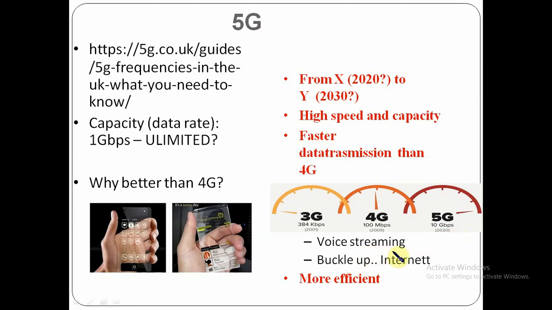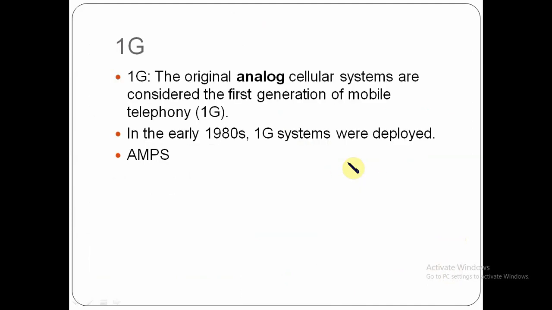That is voice, stream, internet, and more efficient work in 5G. We have already seen the details on the previous slides, in which year it will be invented and all those things.